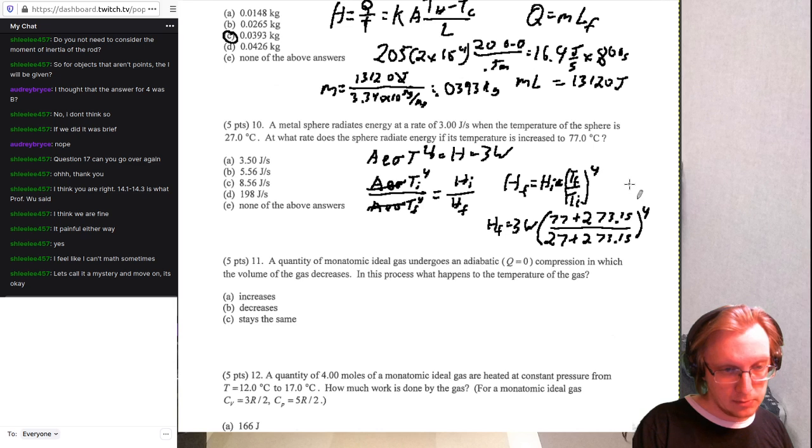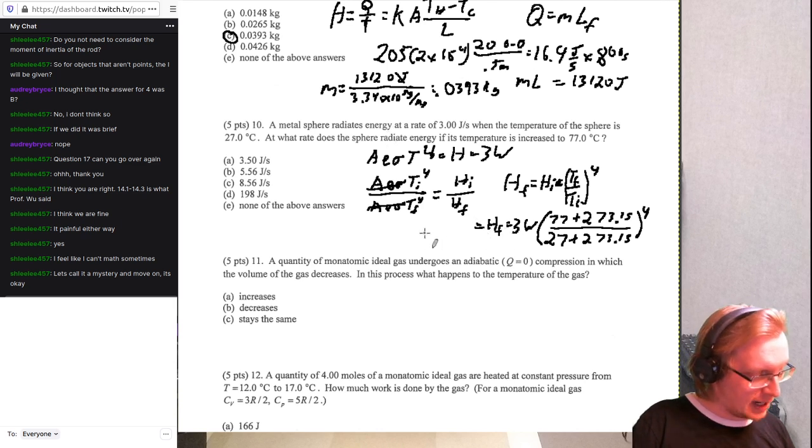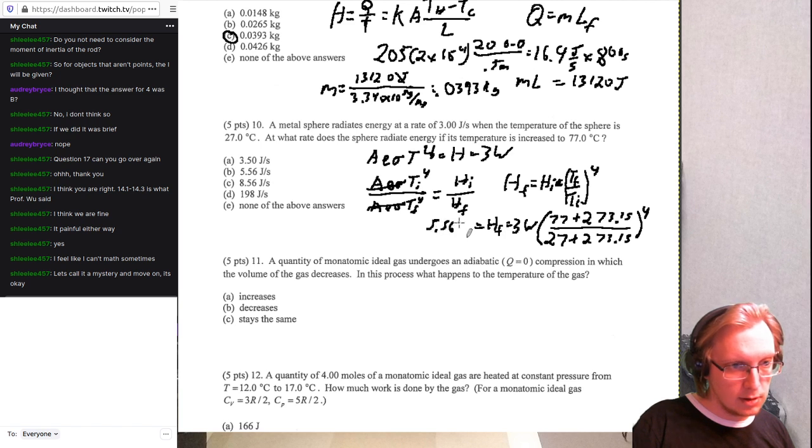Clear. 3 times begin 77 plus 273.15 divided by begin 27 plus 273.15 end to the 4. Execute. This is 5.56 watts.